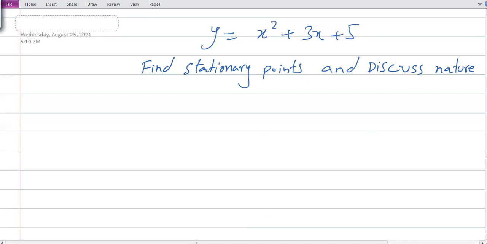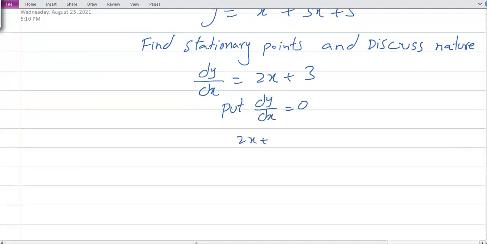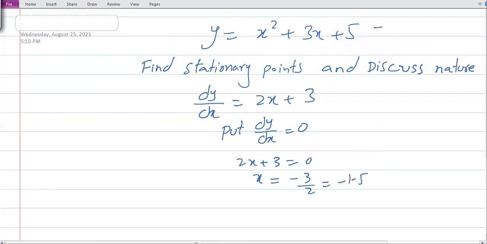Okay, let's see now. I will do the calculations carefully. You can see, this is y. First find dy over dx. It will be 2x plus 3. After simplification, I'm writing because now you are expert in taking the derivative. Then for the stationary point, put dy over dx equal to 0. When you put this equal to 0, you will get 2x plus 3 equal to 0. The value of x will be minus 3 over 2, which is minus 1.5. This value of x put here, so you get the value of y.